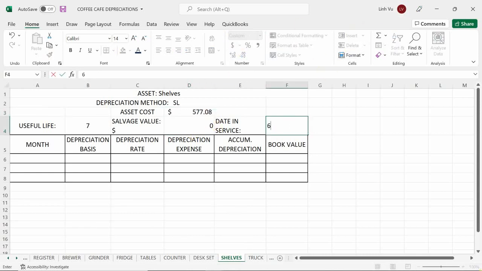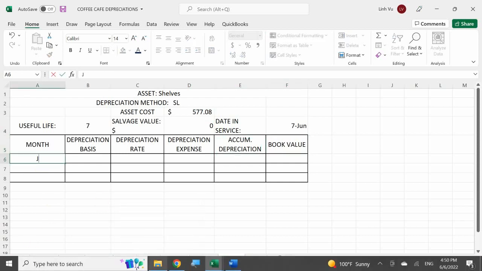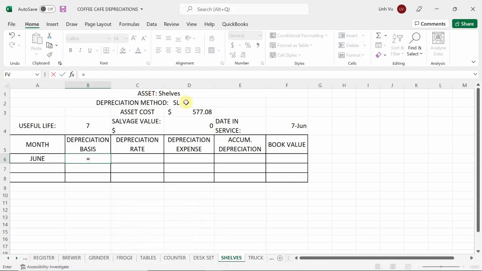And we purchased it on June 7th, so again, we are going to be depreciating over the month of June. Depreciation basis, once again, is your asset cost minus salvage value. Your depreciation rate is going to be 1 over the estimated useful life of 7.